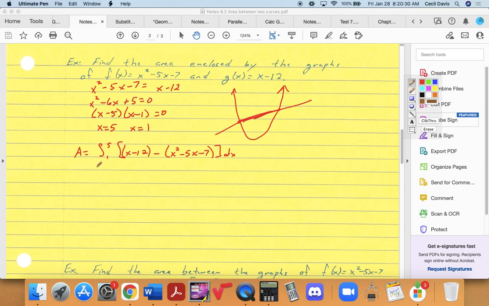So if I subtract in the other order, it's just the opposite signs. So it's negative x squared plus 6x minus 5 dx. What? I did the parabola minus the line, right? So if I want the line minus the parabola, it's the same values, just the opposite signs.